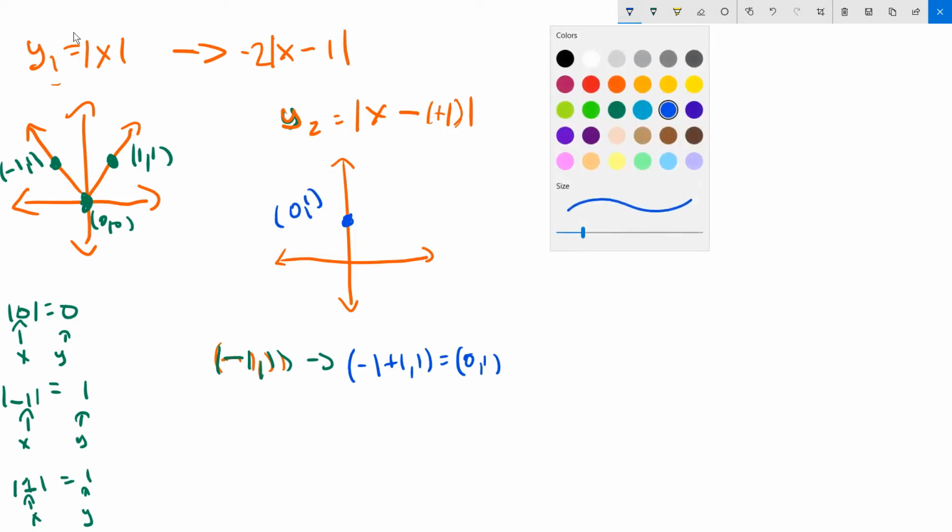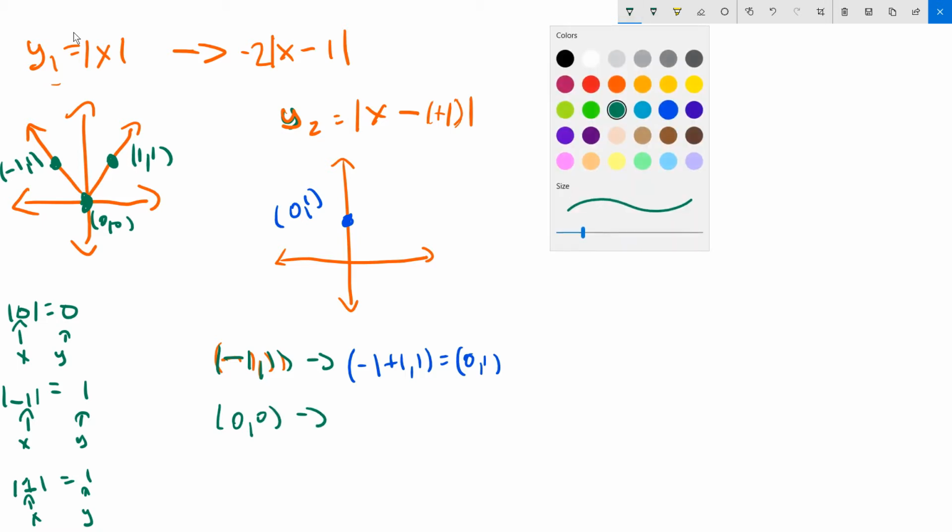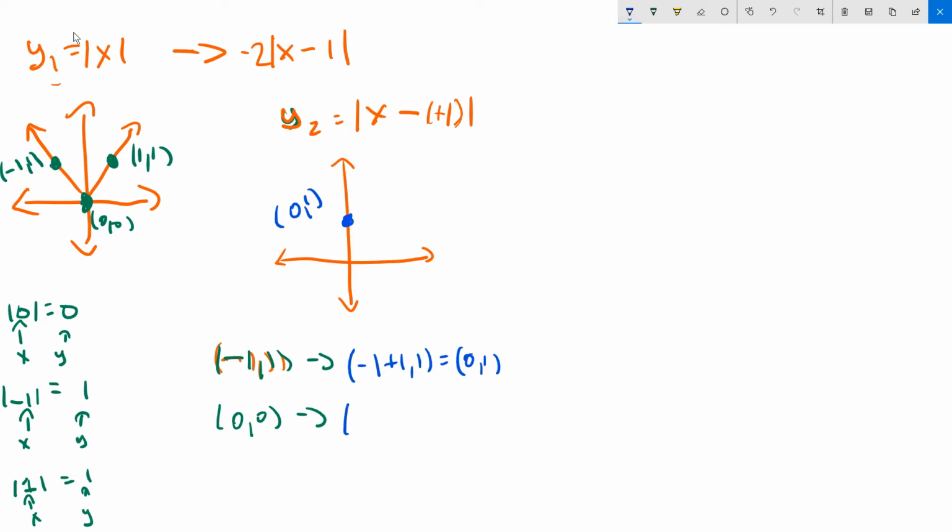All right, let's go back to green. Then again, I'm taking this point 0, 0, and I'm transforming this according to what the transformation told me. So I'm going to write 0 plus 1. I'm adding 1 to the x. I'm copying the y at 0, not changing. That gives this new point 1, 0. So I mark that right here, 1, 0. Then let's do the third point.